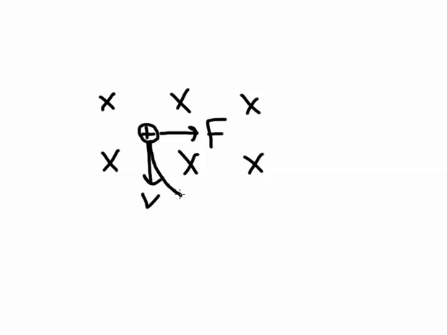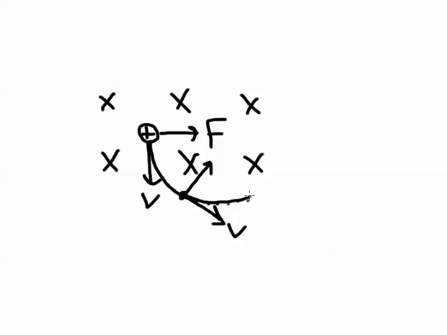Well, now its velocity points in a different direction. It points here. So that means that you can use the right-hand rule again to find out that the force points in that direction. So the force is going to gradually pull the particle in that direction. And it goes on a curved path, and eventually it curves here.